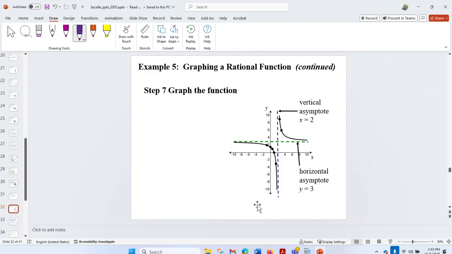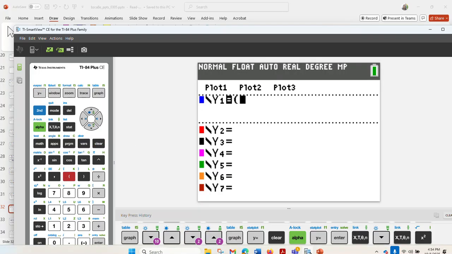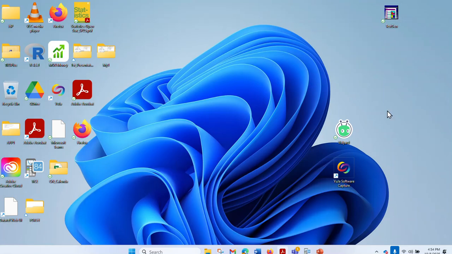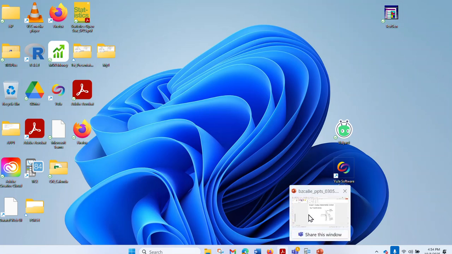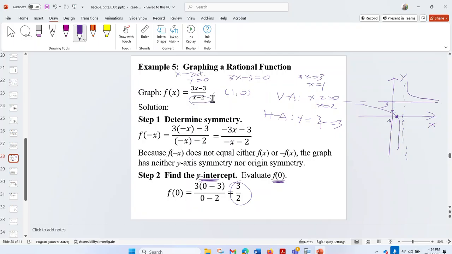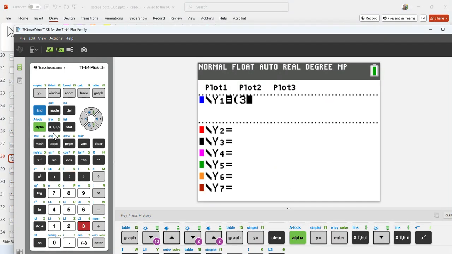Okay. One thing I want to talk about is, make sure if you don't have this kind of format, make sure you use the parentheses. Okay, because if you don't use the parentheses, your graph is going to be very different, or probably the wrong one. Okay, so how do I graph this one? 3x minus 3 in parentheses, divided by, anytime you have two items, you need to use the parentheses.